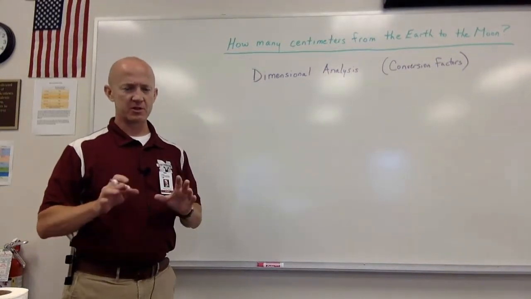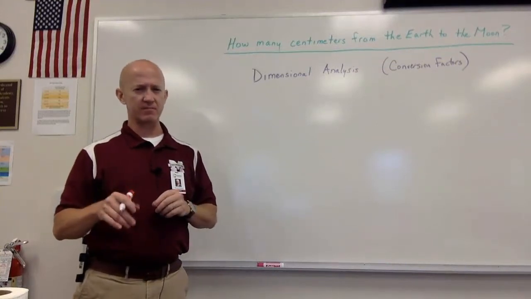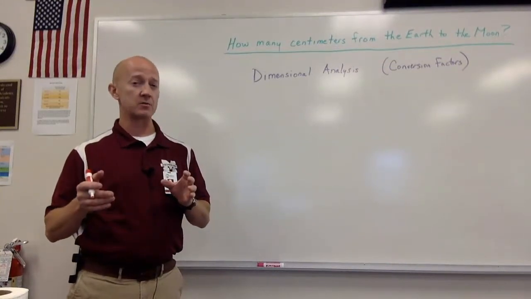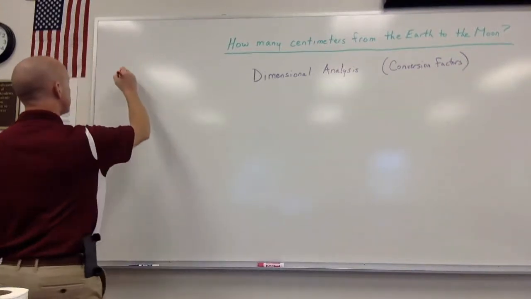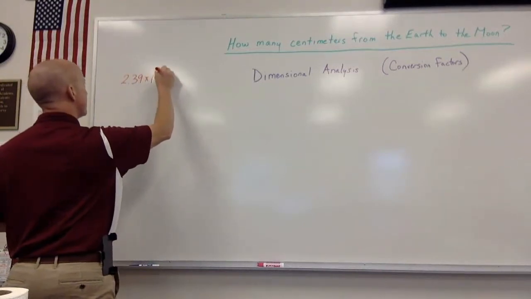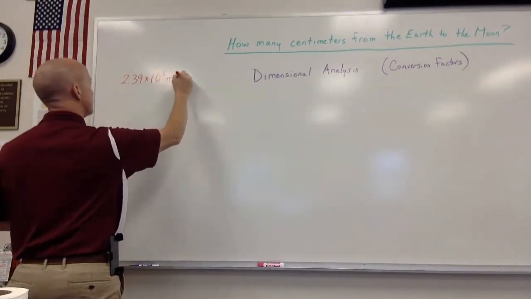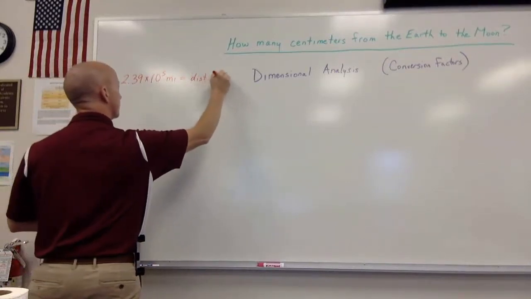Okay, let's talk about some equivalence statements dealing with the distance from the Earth to the Moon. First of all, the distance in miles to the Moon is about 239,000 miles on average. So let's write that this way: 2.39 times 10 to the 5th miles equals distance to Moon.